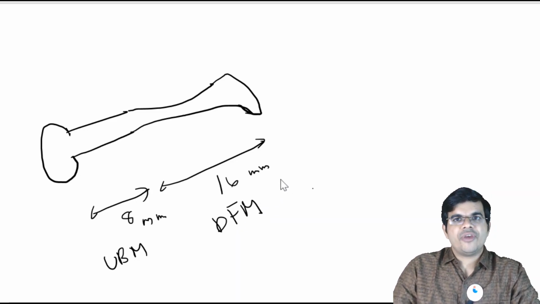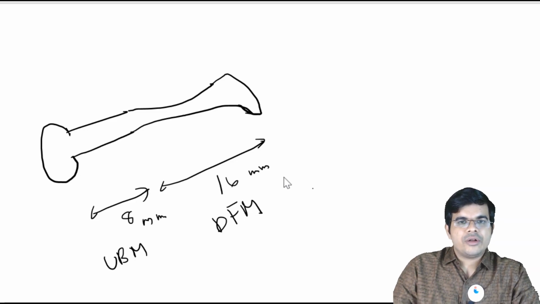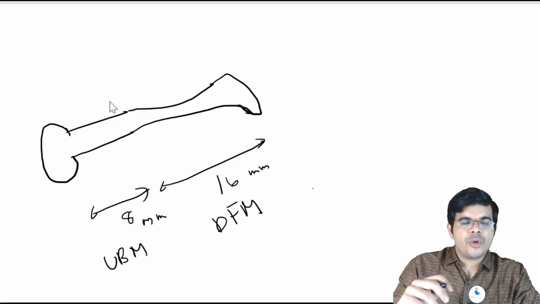Now what is the significance of knowing this? When you have got the canal directed like this, if you have to see the tympanic membrane properly, you will have to pull the pinna upwards and backwards, because only then the external auditory canal will come in a straight line.